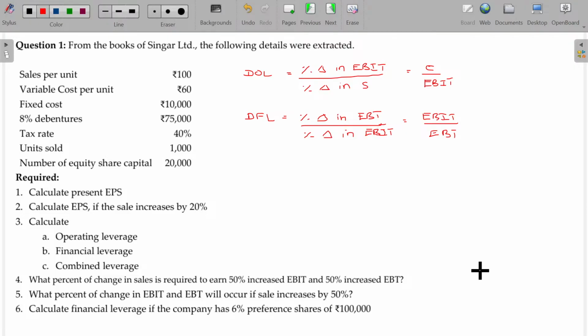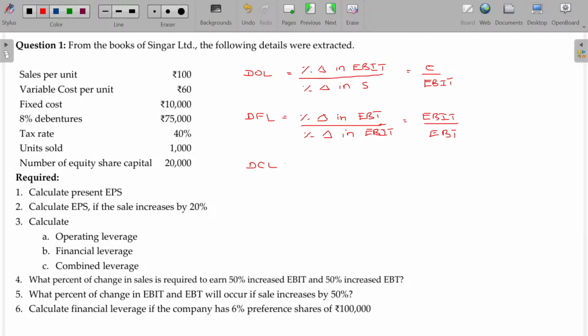How do we get this formula? We'll discuss that at the last, not now. We'll finish up all the illustrations. For solving the illustrations, the formula is more than enough. Understanding the derivation will give more grip over that, so we'll finish it at the last, right? And degree of combined leverage.